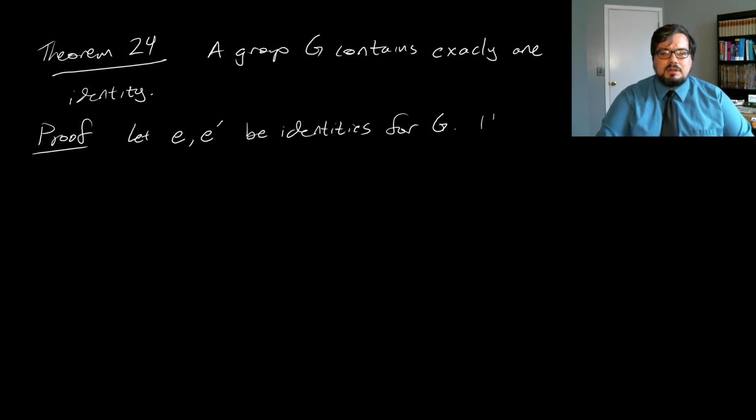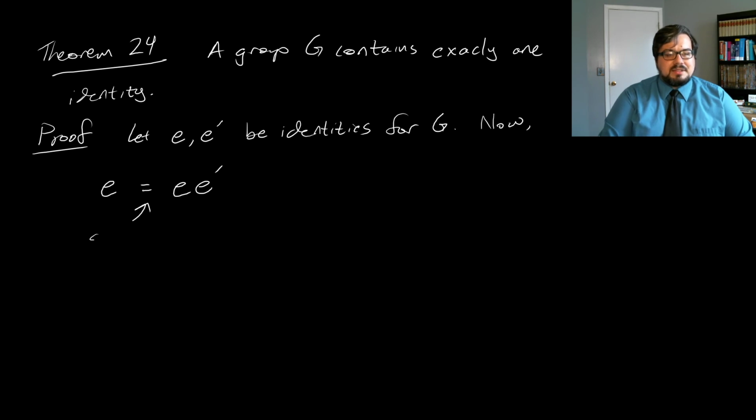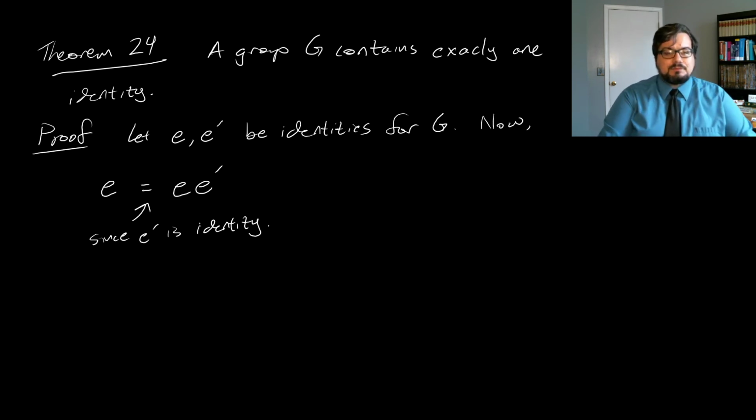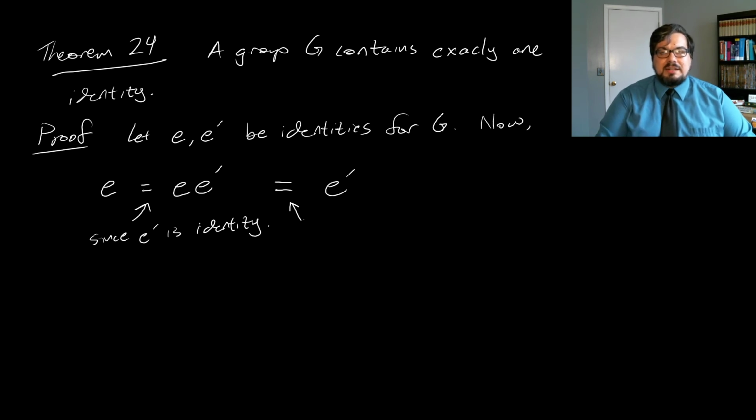Now we have that E is equal to E prime. And why is this? Since E prime is an identity, E prime times anything is that thing back. So in particular, E prime times E equals E. But we also know that E is an identity, which means that if I take E times E prime, I'm just going to get E prime back.